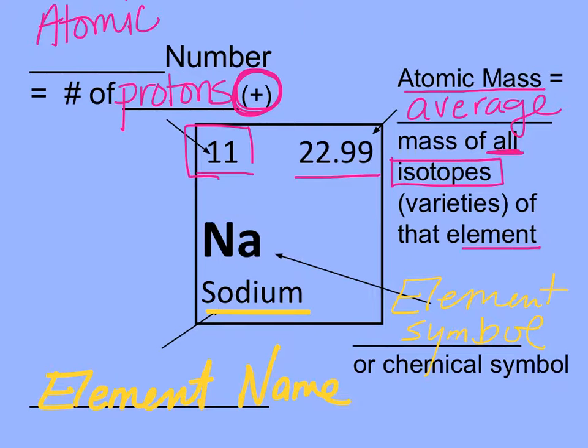We'll mention what that is, but we'll dig into those a little bit later. So again, we have 2 numbers, and one is a whole number. That's how many protons. We can't have 0.99 of a proton. It has to be a whole thing. So I have protons as the whole number, and then I have the decimal, the atomic mass, or the average amount of stuff in every single possible one of those element atoms.